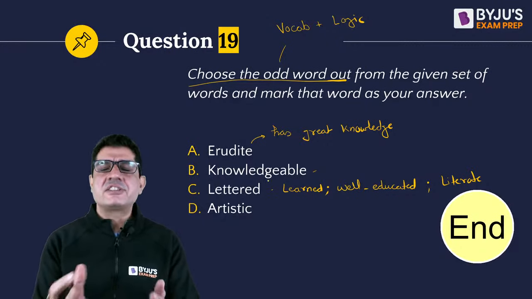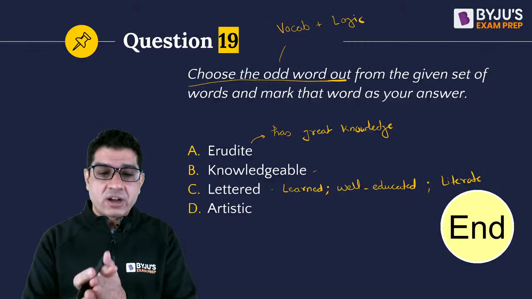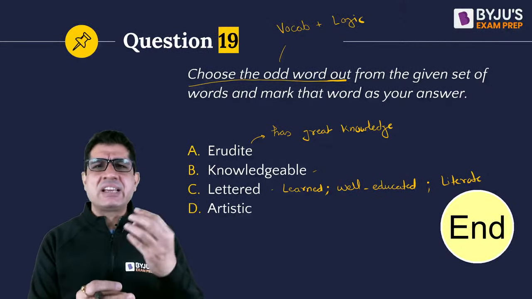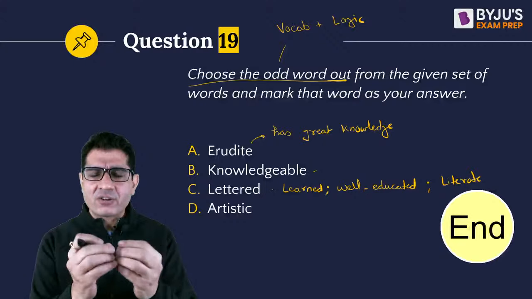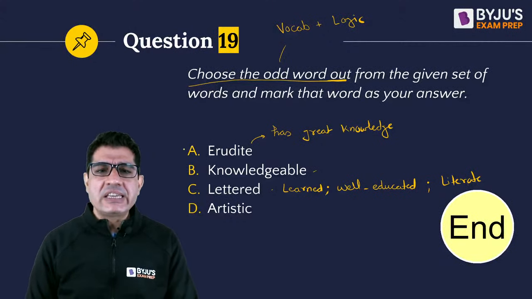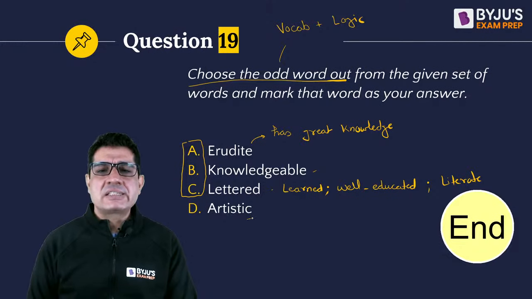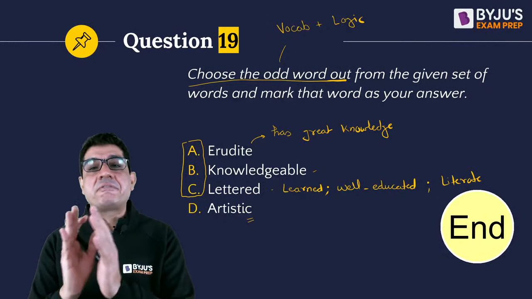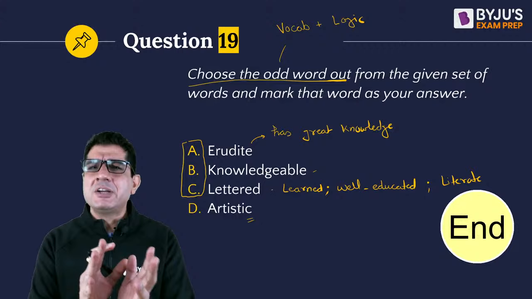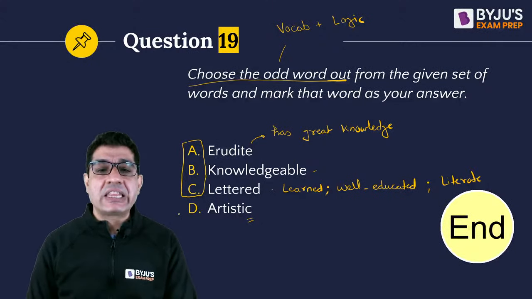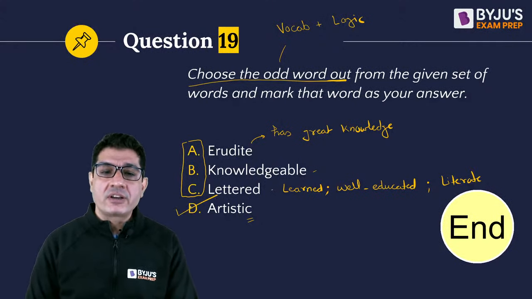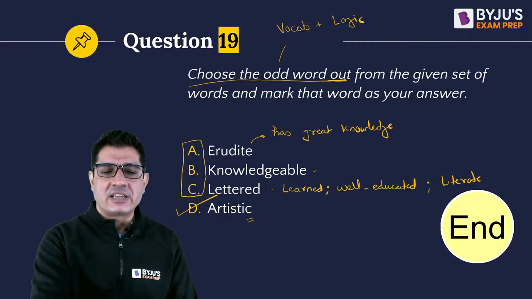Artistic, basically, an artistic person has skills or ability in painting, dancing, singing, etc., in the domain of art. So if you see A, B, and C, all the three talk about people who possess knowledge or who are highly educated, whereas artistic is a different word altogether. It's in a different category altogether, and that is why the odd word out here should be artistic.